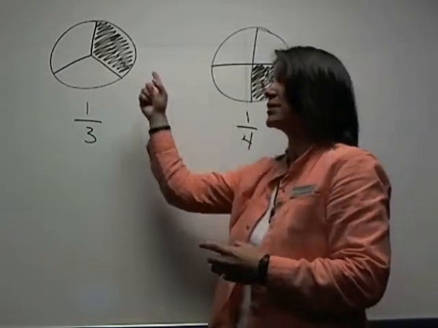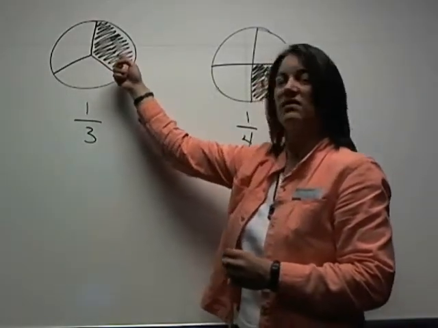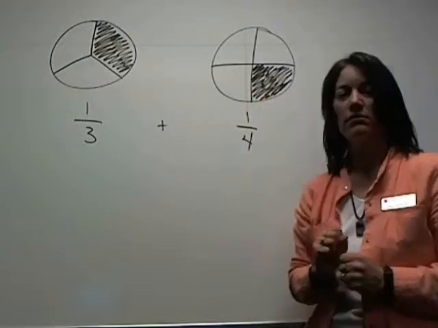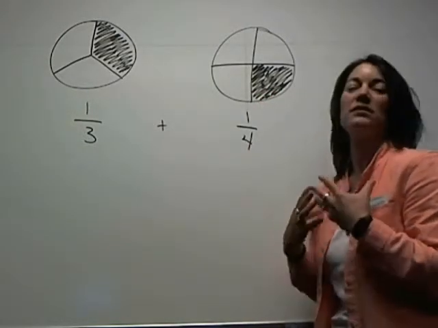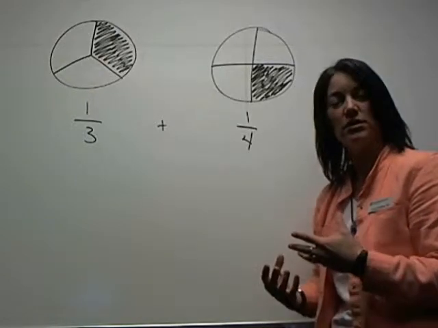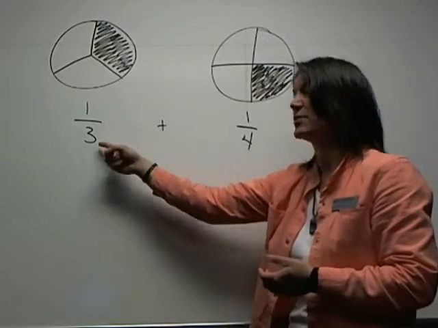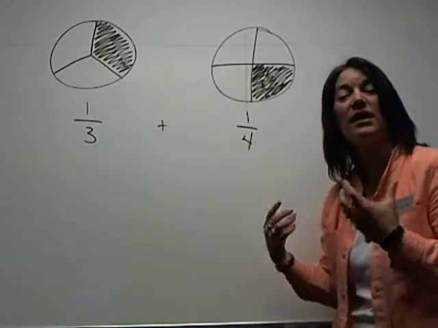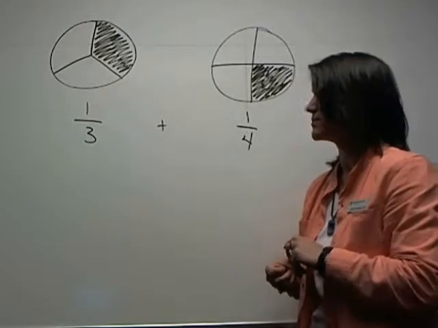Here we cannot add these together as they are because this is not the same size as this. And so how can I compare them if they're not out of the same denominator? We need to get a common denominator in order to add or subtract fractions.